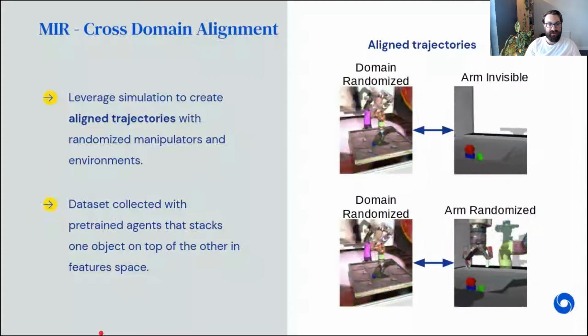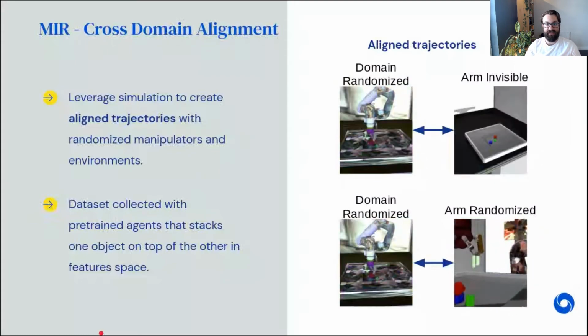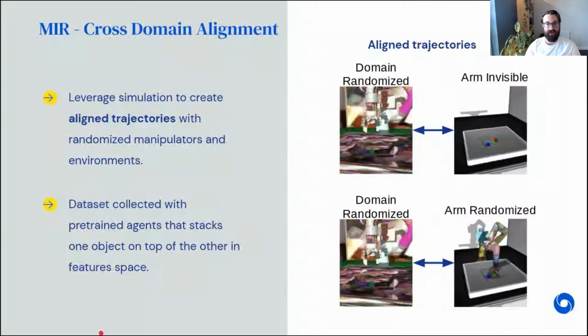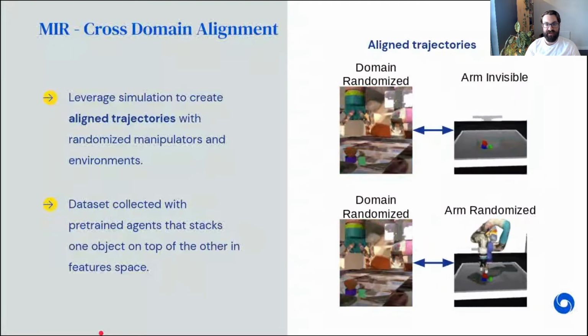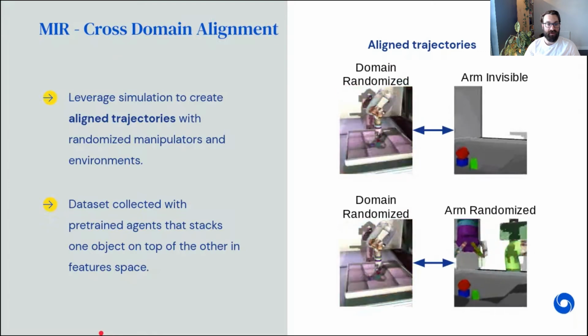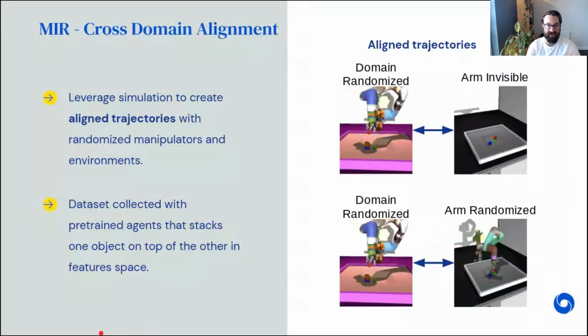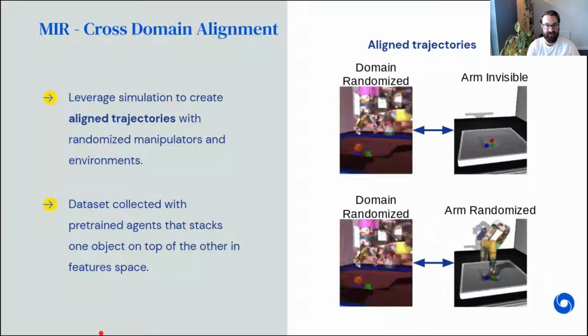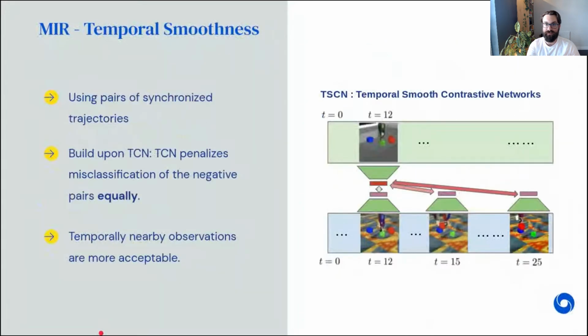And I should note that this data set was collected in simulation with stacking agents that were pre-trained to stack one object on top of the other using the feature space that is available in simulation. So with this collected data, we are now able to learn the manipulator independent representation space that can align these paired domains.